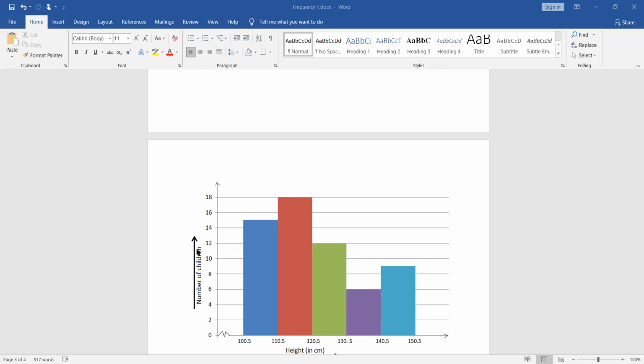The number of children, or the frequency, is on the y-axis, and the height in centimeters, which is the class boundary, is on the x-axis. So 100.5, 110.5, and 120.5 are the class boundaries of the data.